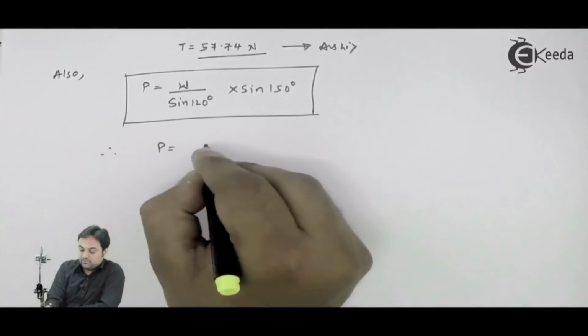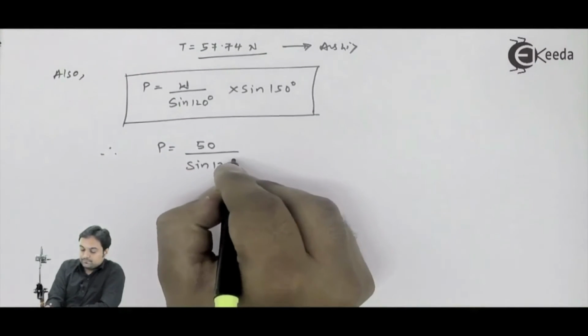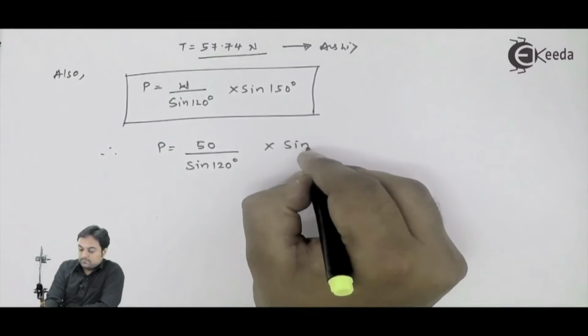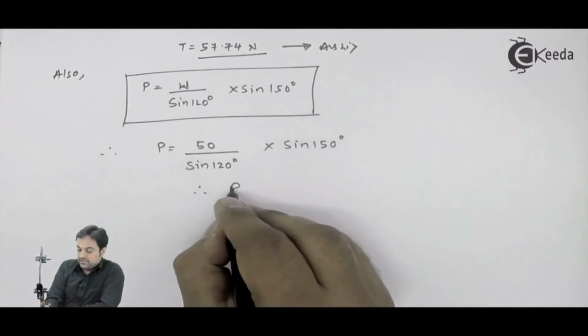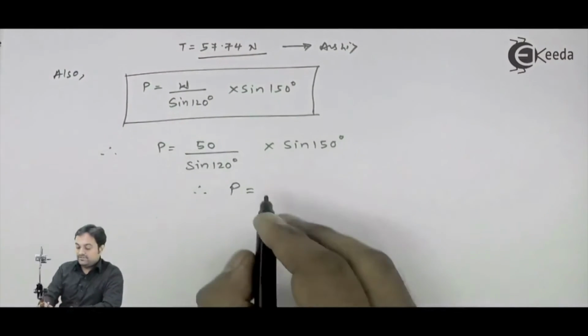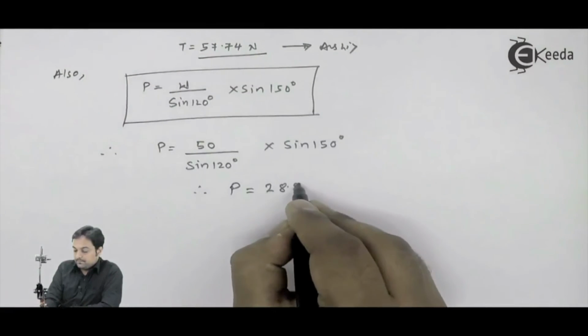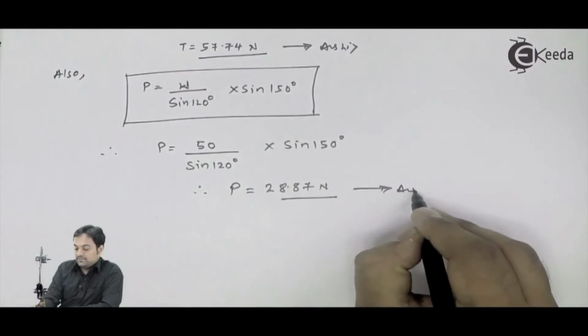Hence P is equal to W, which is 50, and if I calculate all the terms here, I will get my answer for capital P, and that comes out to be 28.87 Newton. So that's my second answer.